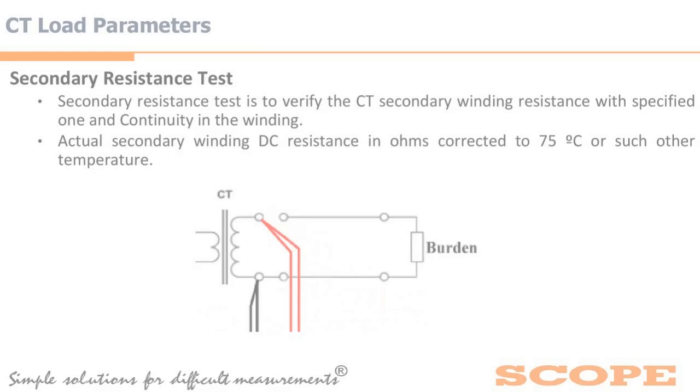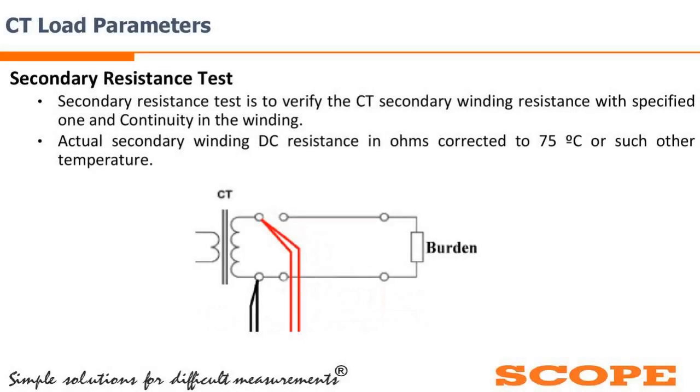This is a very easy test. The actual CT secondary winding resistance in ohms is corrected to 75 degrees Celsius or any other temperature recommended by IEEE standard.